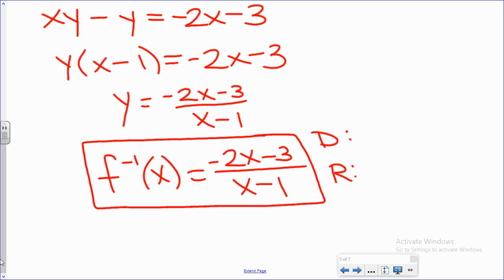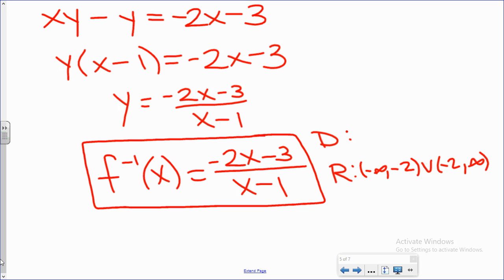That our range is everything except -2. Now, in our first example, I made you find the domain and range of the original and then switch it for the inverse. Since we didn't know how to graph the original, we thought about the domain because we knew that, so we could make it our range for the inverse.